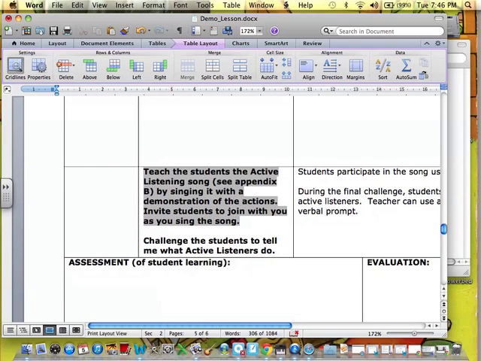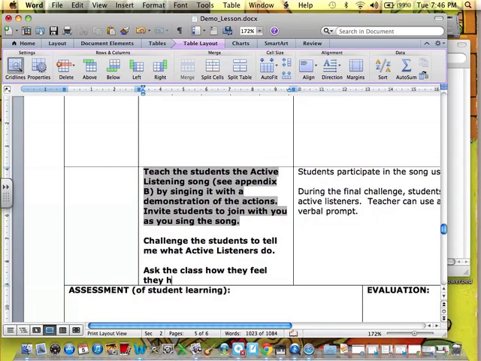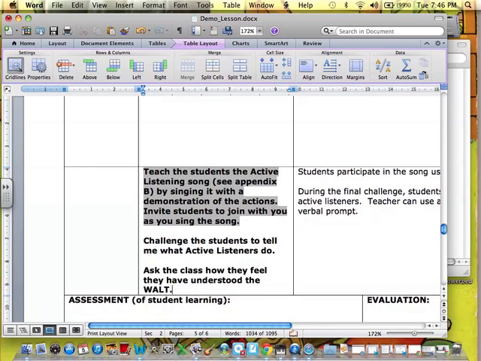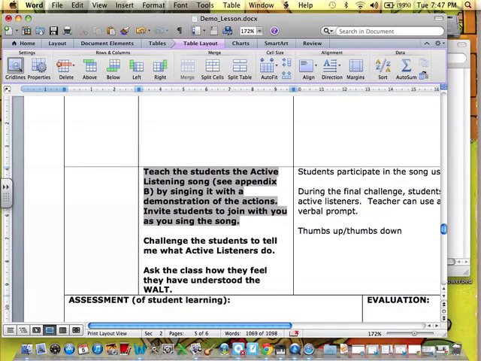I can ask the class how they feel they have understood the WALT, and then get them to do the thumbs up, thumbs down strategy. I could note that and describe that a little bit over here in my resources.